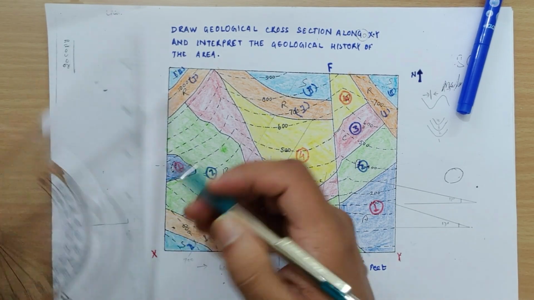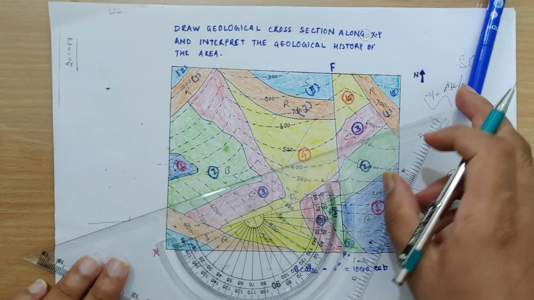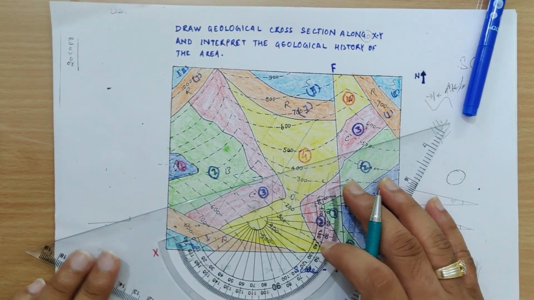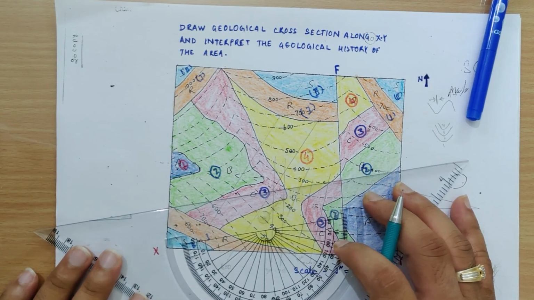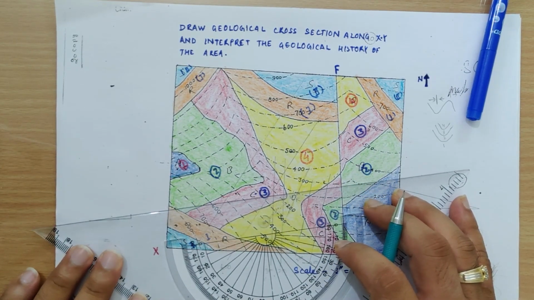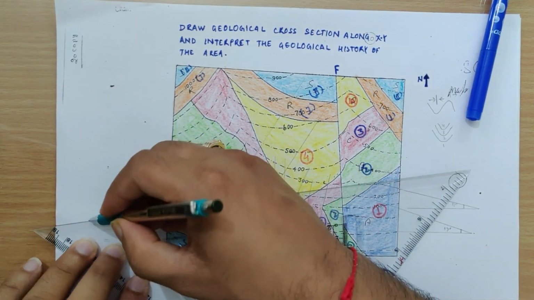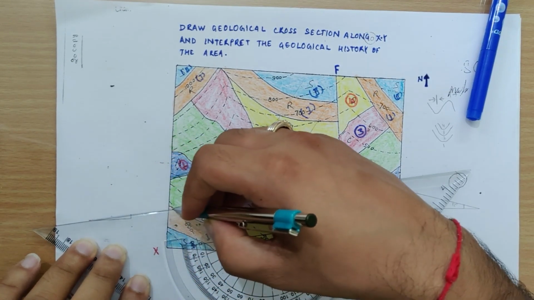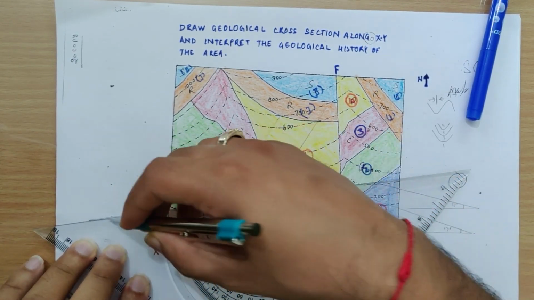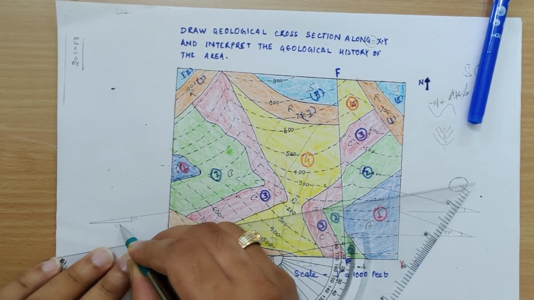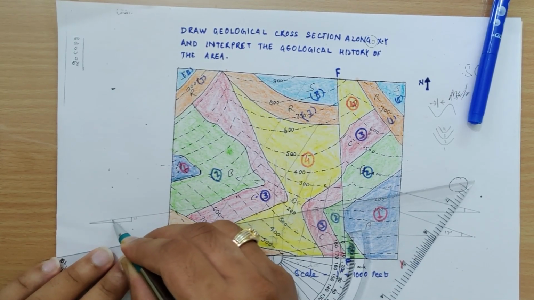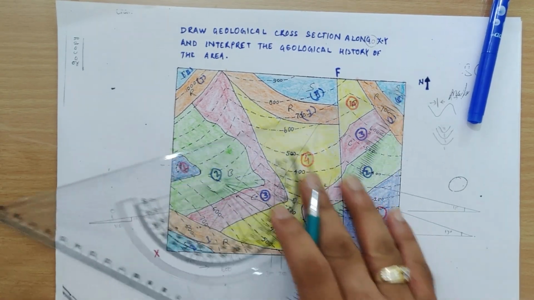Now if we join these 2 points of the triangle, this is a right angle triangle in which this line is representing CI and this is representing HE. So this will be obviously theta for the younger sequence. Let's measure this theta.